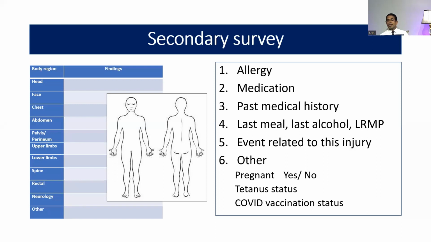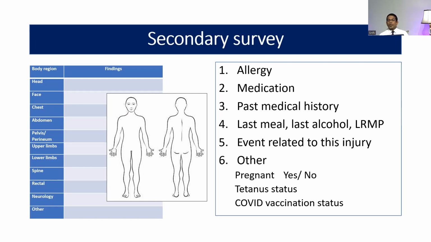E is the event related to this injury. Other things you need to ask about are whether the patient is pregnant or not, the tetanus status, and recently we have included the COVID vaccination status as well.